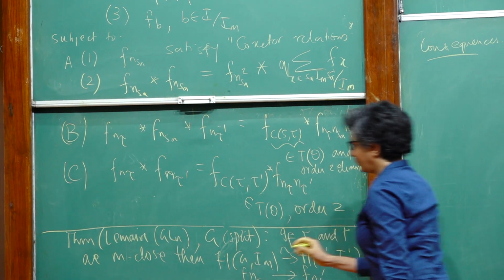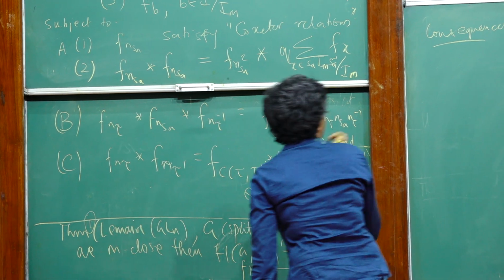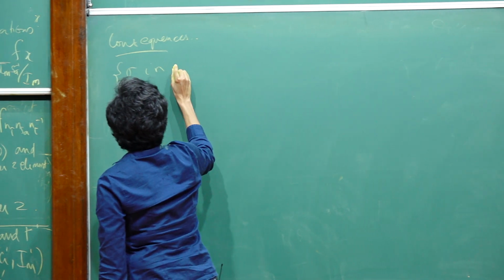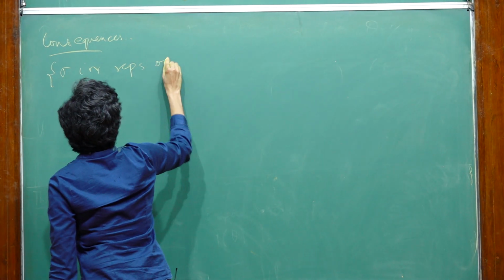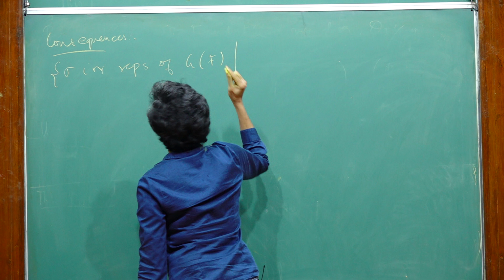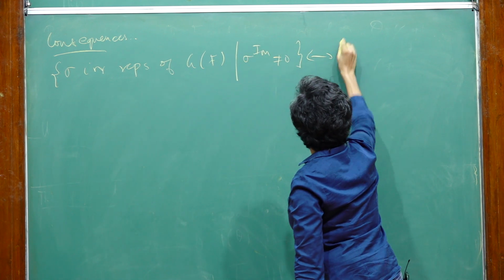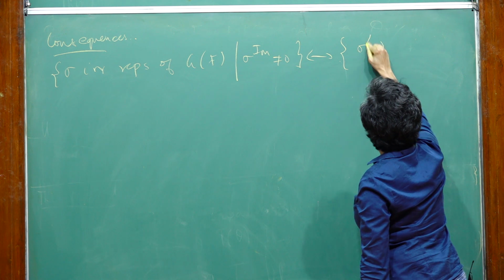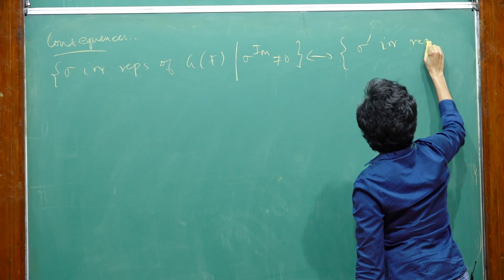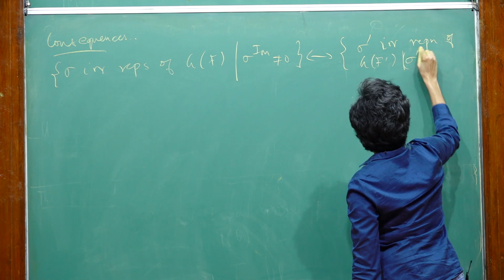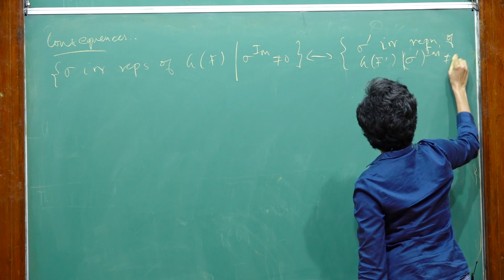So one of the consequences of this theorem is that, of course, you have a bijection between irreducible representations sigma of G of F such that sigma IM is non-zero, and the corresponding irreducible representations of G of F prime such that sigma prime IM prime is non-zero.